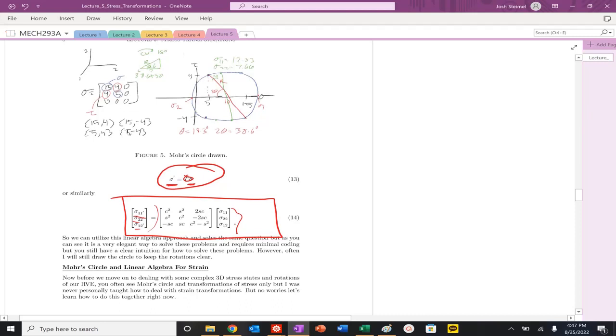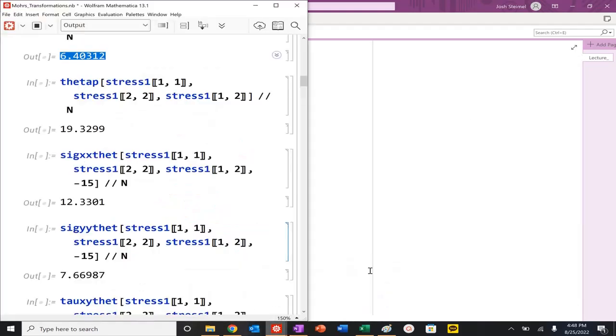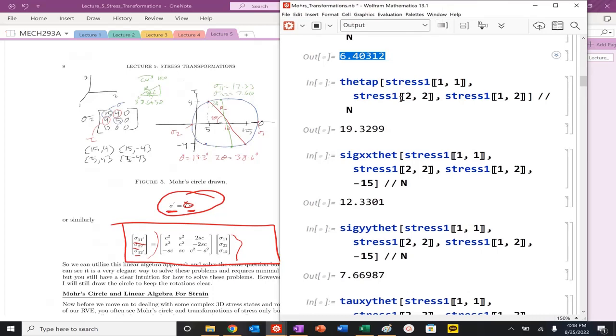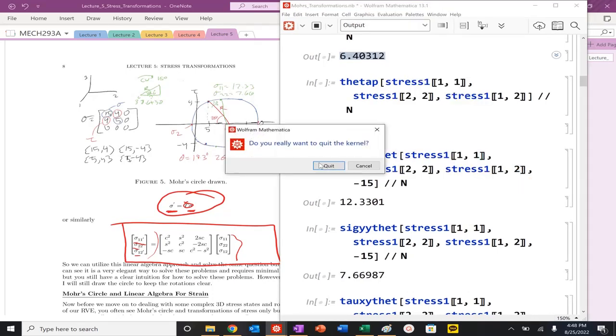So how can this be useful? Let's say I want to answer my question of what's the rotation, right? How can I get to my principal stress state? Well, I'm going to pull up my handy dandy Mathematica. I'm going to quit the kernel because there could be some similar variables.